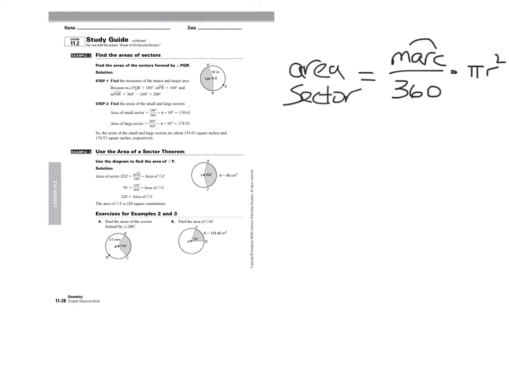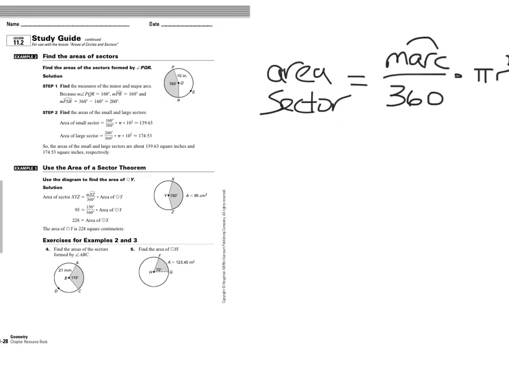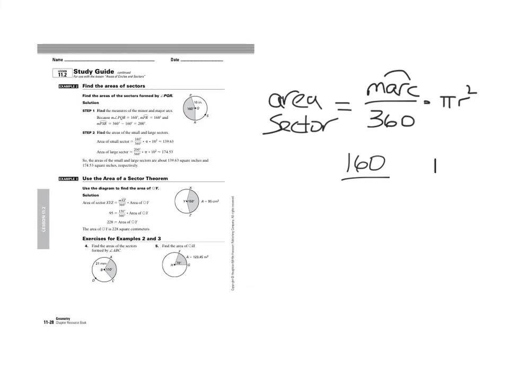So for example, if I just redo the one that they've done there, the measure of the arc is 160 and the radius was 10. And then 360. And now all I'm going to do from this point forward is simplify everything.